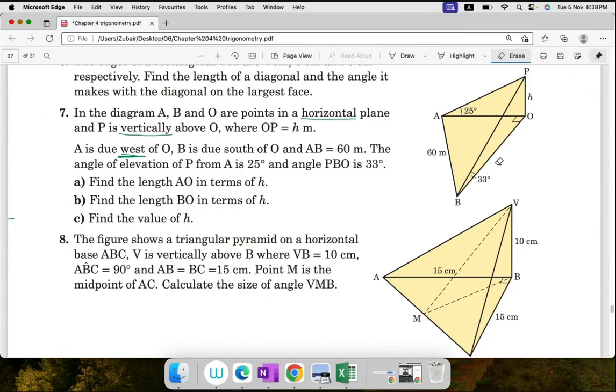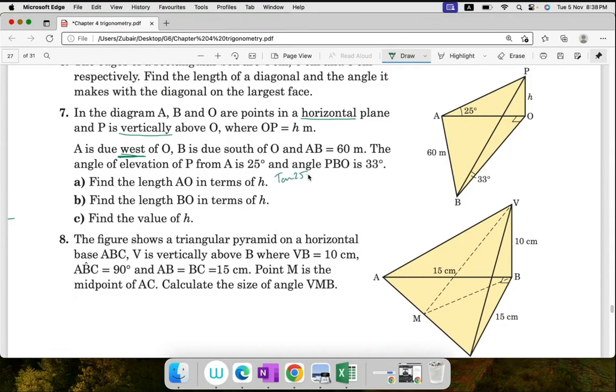AO in terms of H, so I'll be using this triangle. AO with respect to this angle is the base. H with respect to this angle is the height, the perpendicular. So I'm using tan.